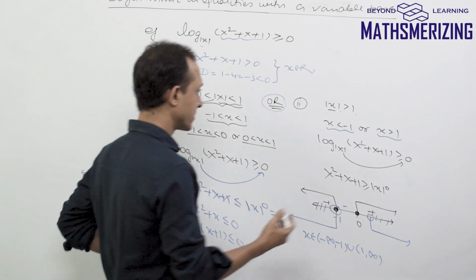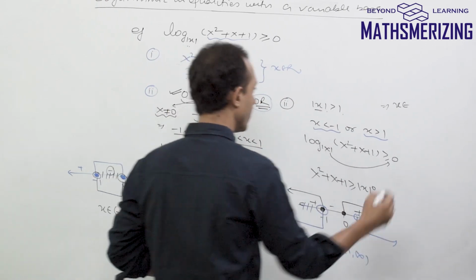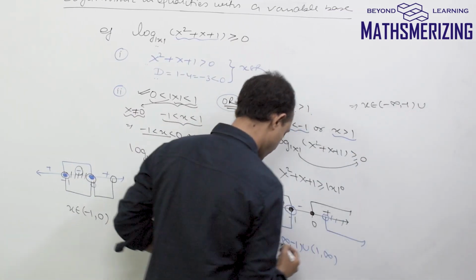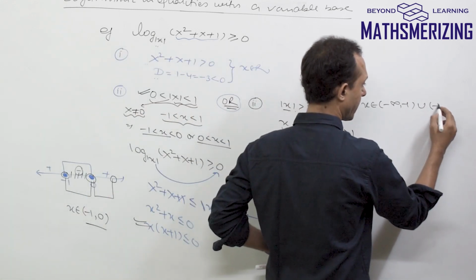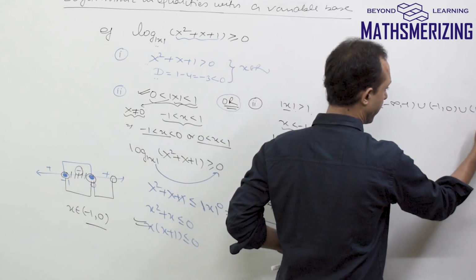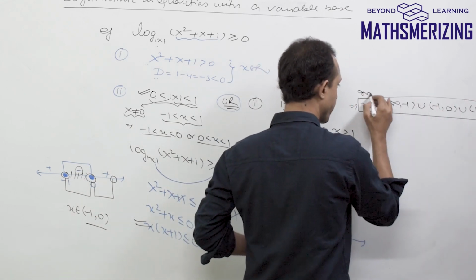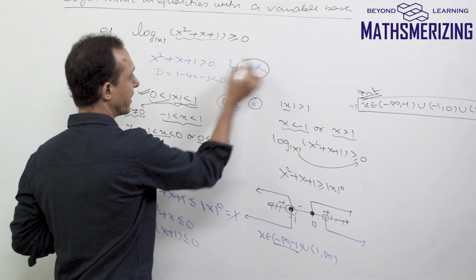Now because it is an OR sign, I need to take the union of these two results. So the result is x belongs to minus infinity to minus 1, then followed by minus 1 to 0, union 1 to infinity. Now I need to take the intersection of the result which we have gotten in step 2 and the condition of domain.